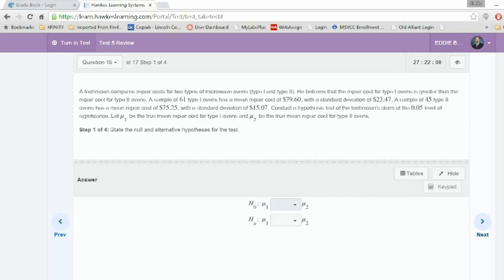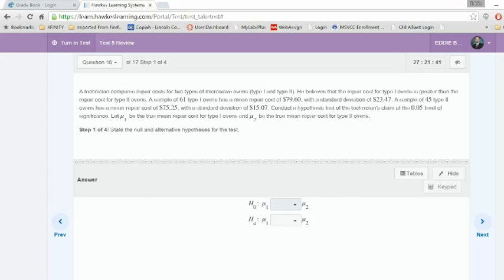A sample of 61 type 1 ovens has a mean repair cost of $69.60 with a standard deviation of $23.47. A sample of 45 type 2 ovens has a mean repair cost of $75.25 with a standard deviation of $15.07 for type 2 microwaves.